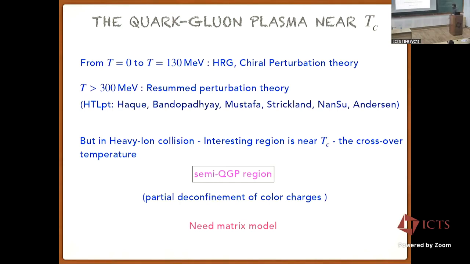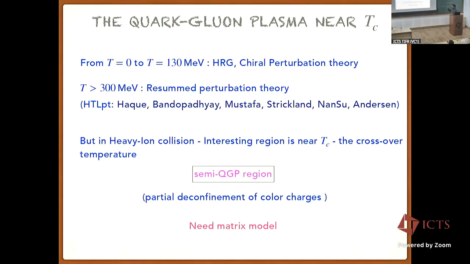But still, we have a region which is less explored, or very hard to explore with perturbative calculations. This is the region near the transition, which for QCD is the crossover region. This region is called the semi-QGP region, where the quarks are in a partially deconfined phase.